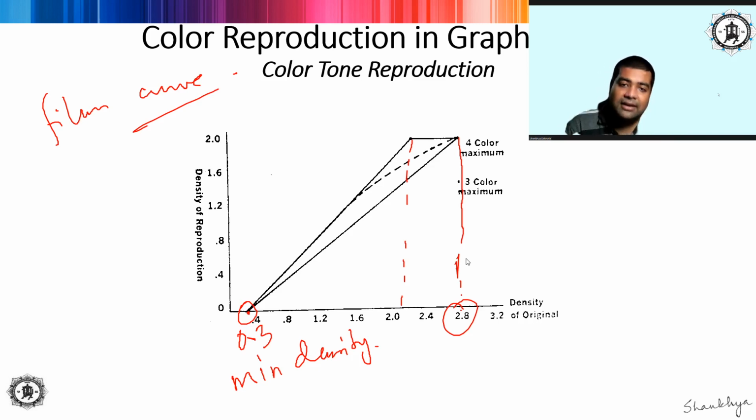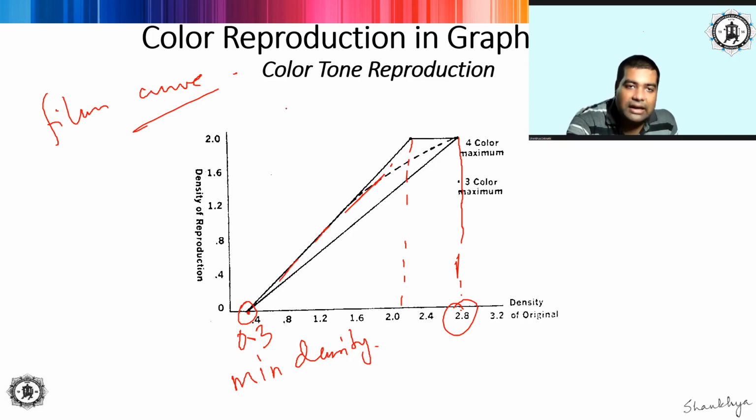The second method to determine the optimum tone reproduction for the color reproduction would be to assume a 45-degree line, which is this particular line that you can see over here. This is the 45-degree line, right? And since it is the perfect match for the original, we start at the highlight point with the 45-degree line and extend it up until it reaches the maximum printable density.